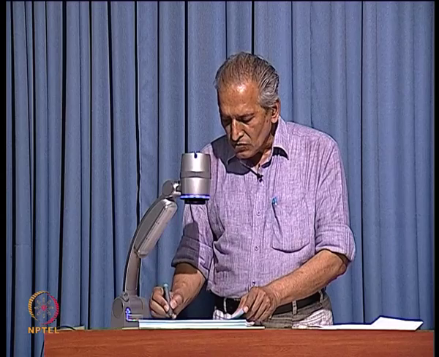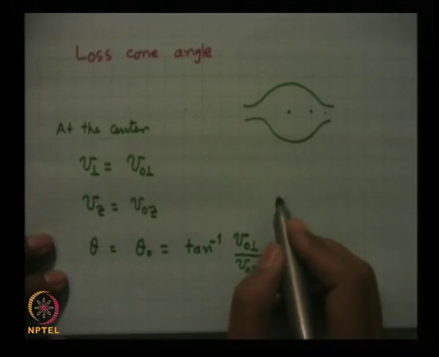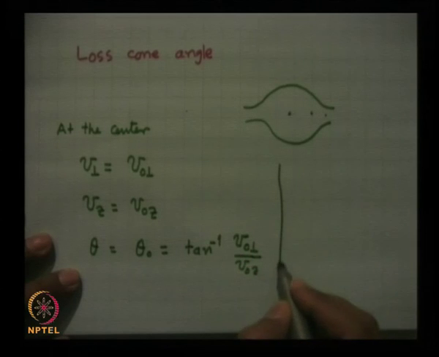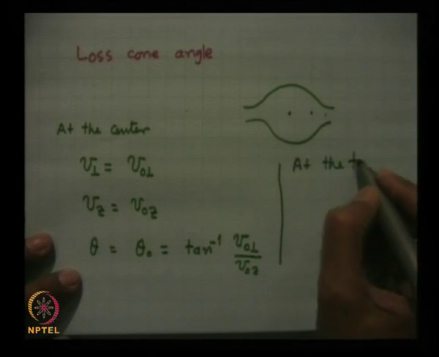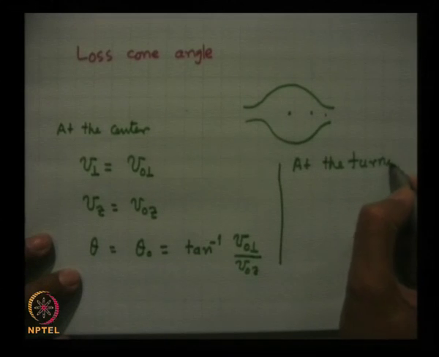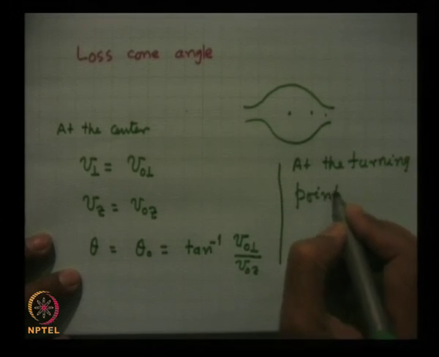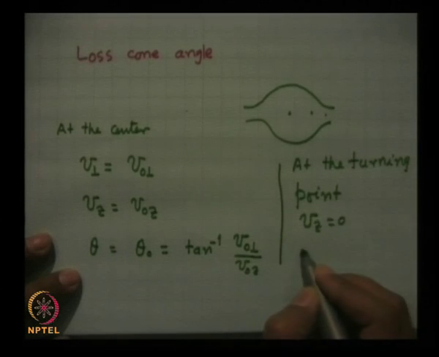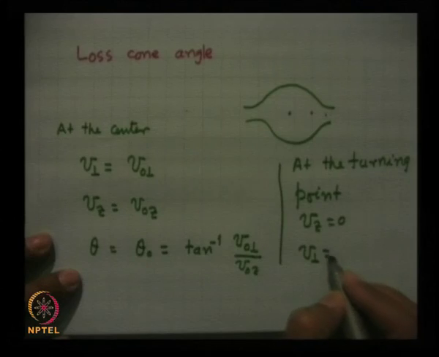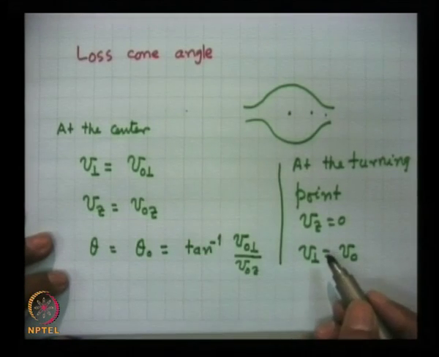As the electron reaches the turning point, I am expecting Vz equal to 0, and V perp should become equal to V0, because the total magnitude of velocity is a constant.